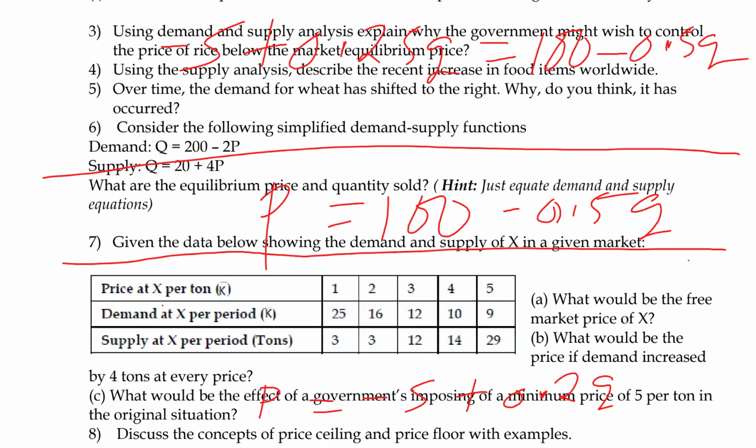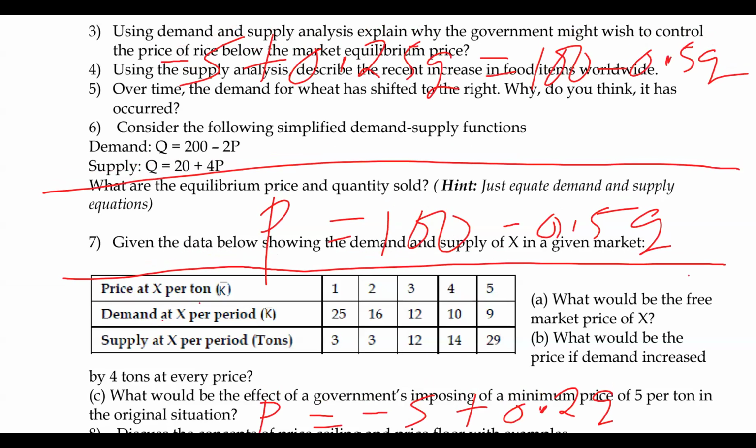From there, you can see that you just have to collect like terms together so that you have 0.75q equals 100 plus 5. So that would be 105 divided by 0.75, to give you the quantity of 140. You can plug the quantity of 140 into any of these formulas.